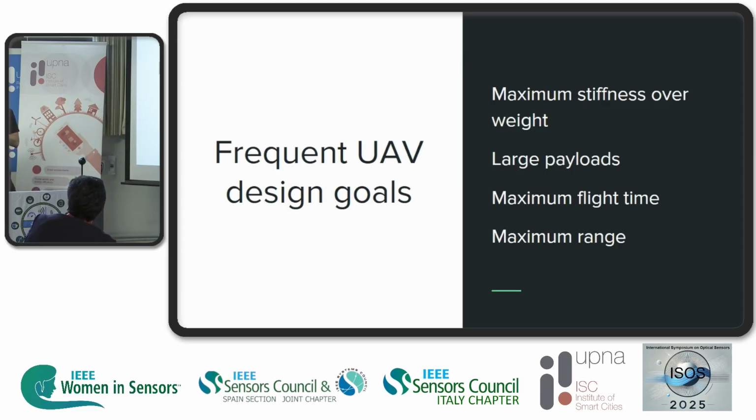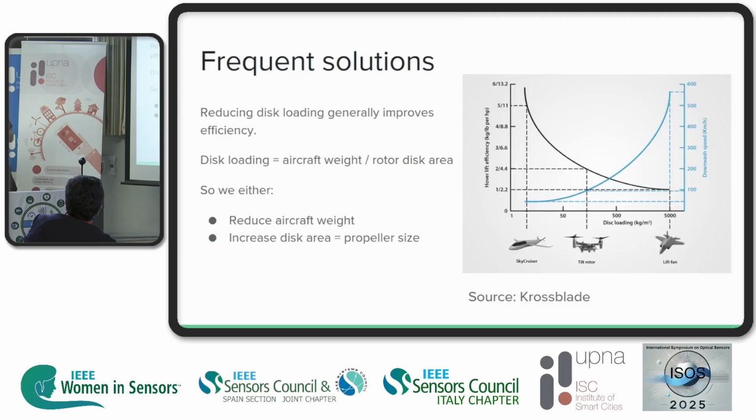If we take all of these goals together, we often have to optimize for a single parameter, which is called the disk loading. The disk loading is the relationship between the aircraft weight and the rotor disk area. So how heavy is the aircraft over how large is the propeller. For optimizing all of those goals, we typically aim to reduce this disk loading parameter in order to improve efficiency.